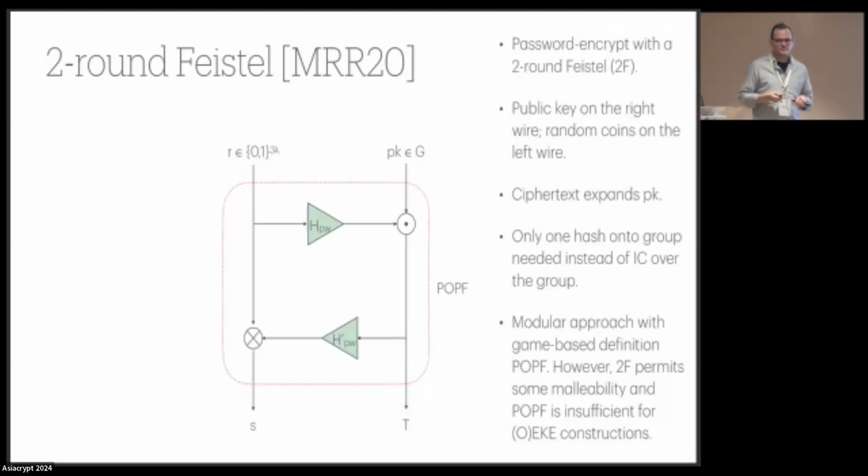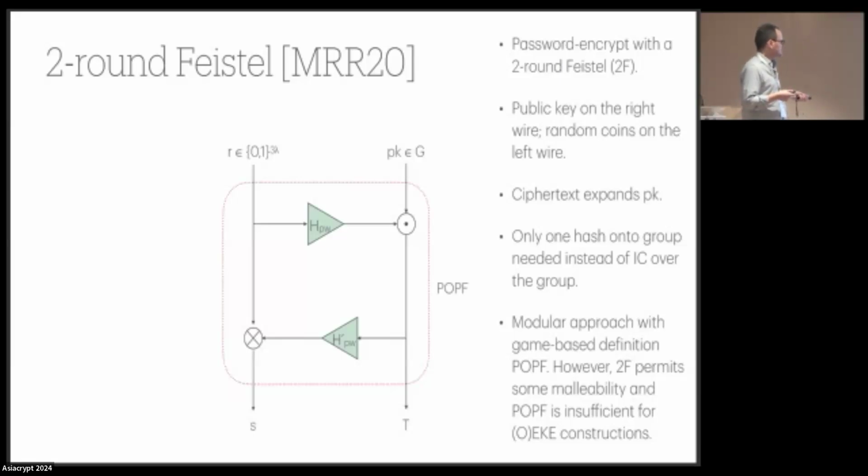In 2020, McQuoid, Rosulek, and Roy proposed a different approach: instead of using an ideal cipher to encrypt the public key, we could use a two-Feistel network. How would that work? You put your group element on the right wire, and you put some random coins on the left wire.